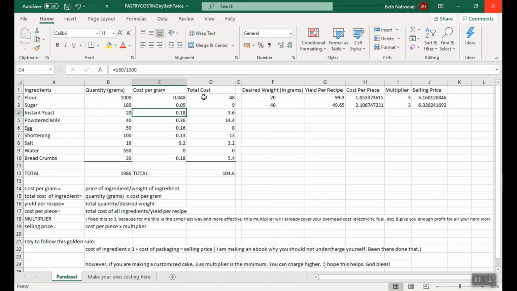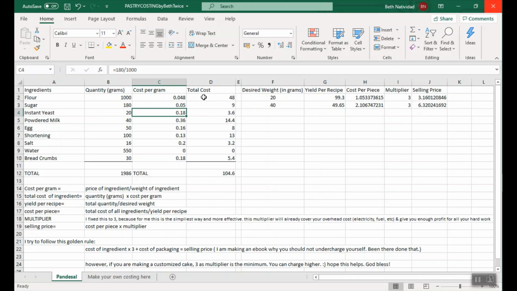So, instant yeast, I bought it at 180 pesos per 1 kilo. So, ipagpalagay natin that I bought it for 90. You don't need to determine how much is the 1 kilo. You can just change your formula like this one.